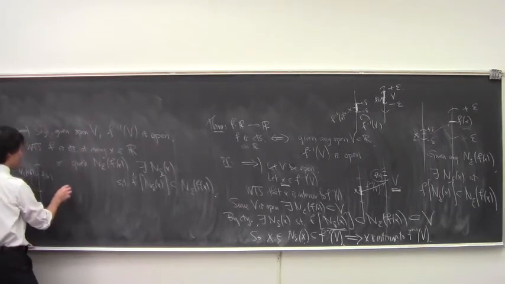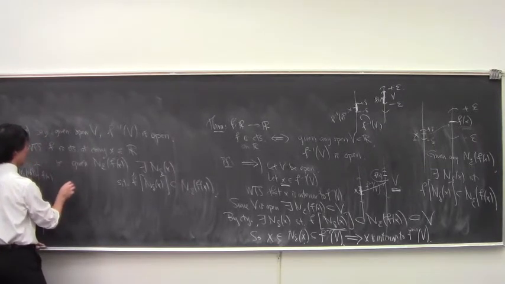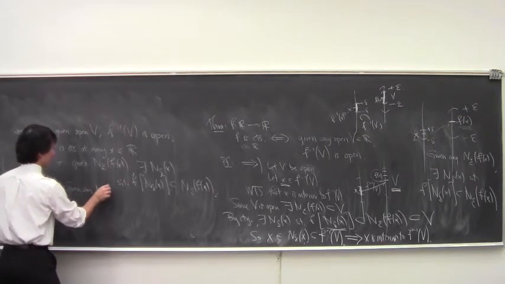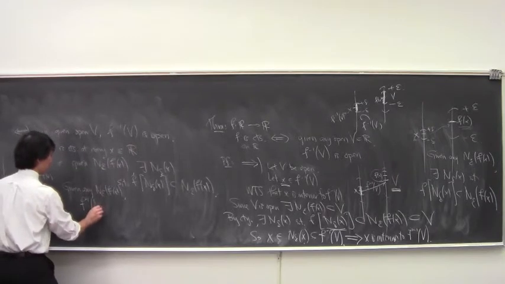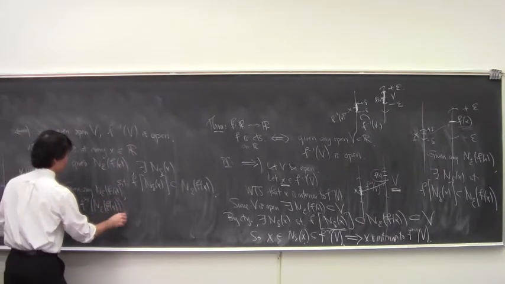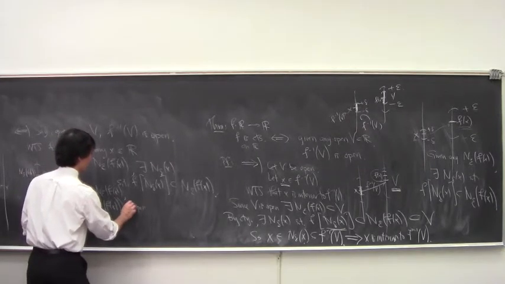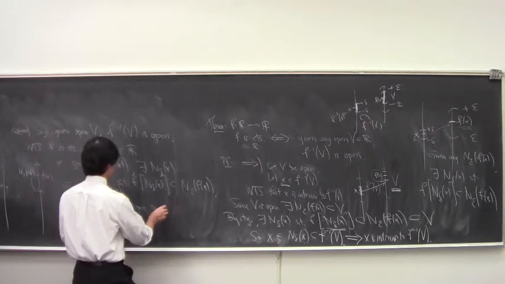You say, well, look, given any epsilon neighborhood, we know that f inverse of it is open, and contains x.